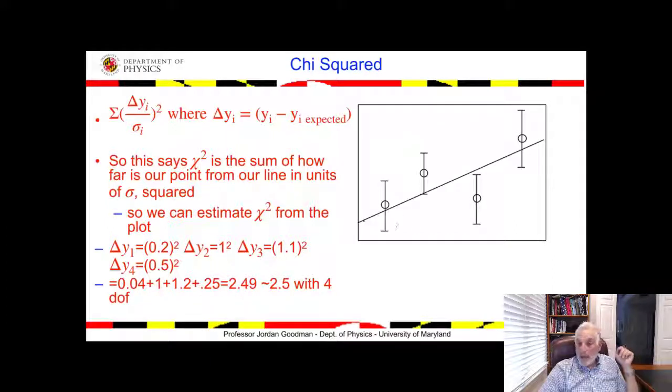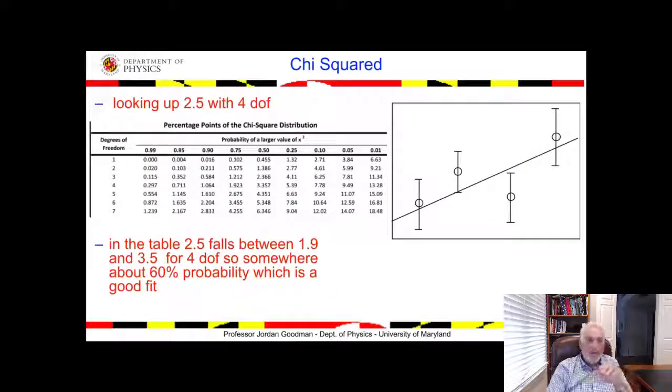And here again, because we gave you the line externally, we have 4 degrees of freedom. So we can then take this and look it up in the table. Here's a slightly different table; this one has a slightly expanded table with both sided probabilities. But if we look here, 2.5 in our table with 4 degrees of freedom winds up somewhere between 0.75 and 0.5, because this is 1.9 and this is 3.3, so 2.5 is right in the middle here.